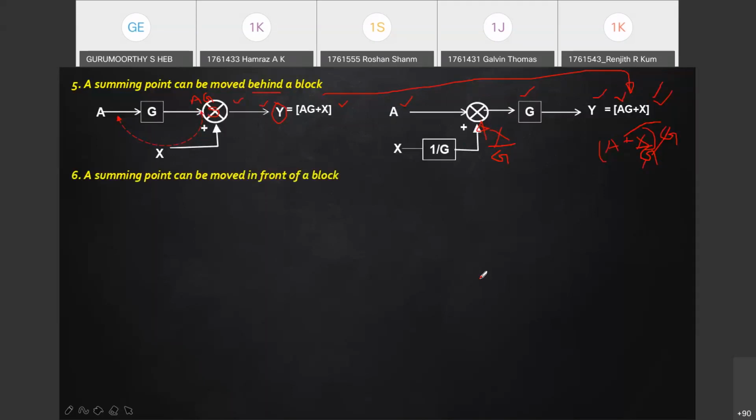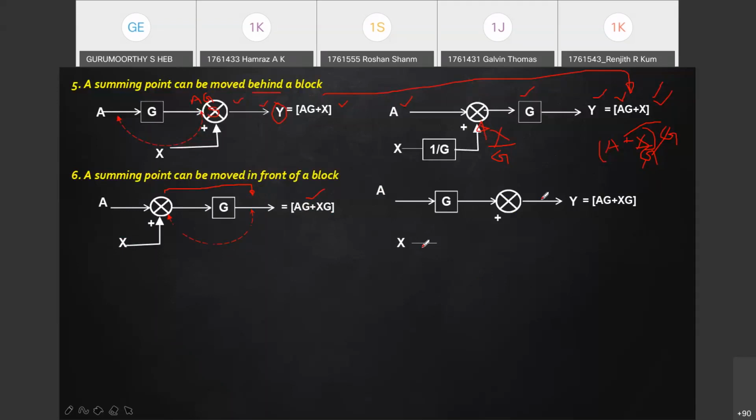The same thing is done here when you are moving it after. Now the intention is to bring the summing point after G. You just have to see what this value is before and after. As of now, it is A plus X into G, so AG plus XG. The same thing should be retained here. Now I have brought this summing point after G, and finally your answer must be, keep an eye here, A into G plus XG.